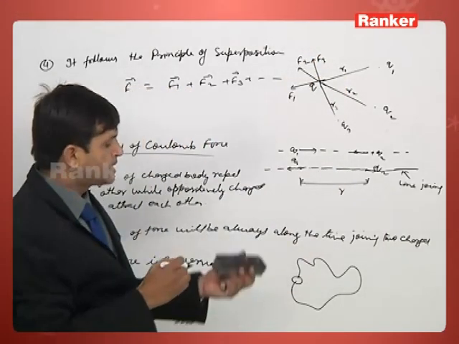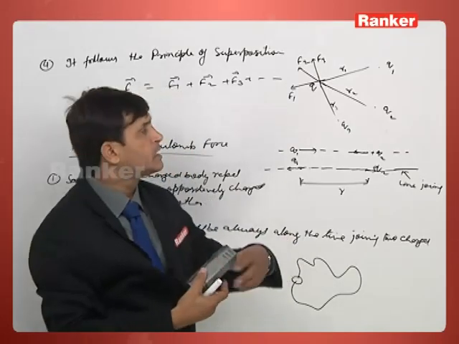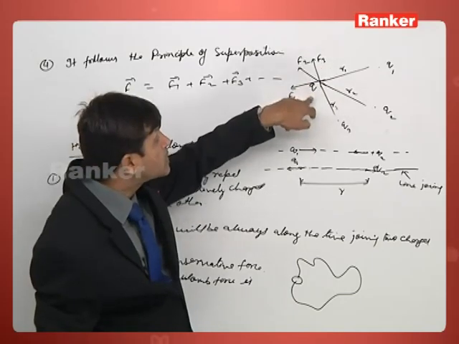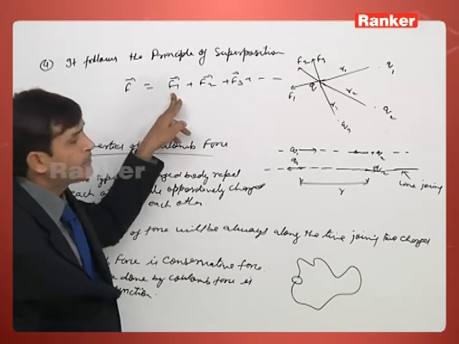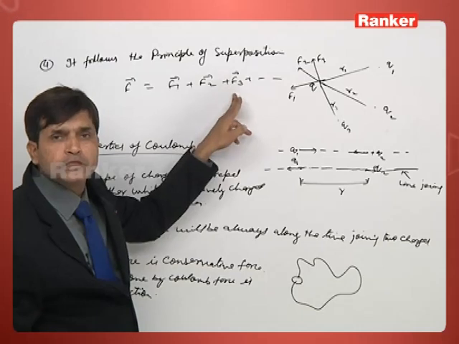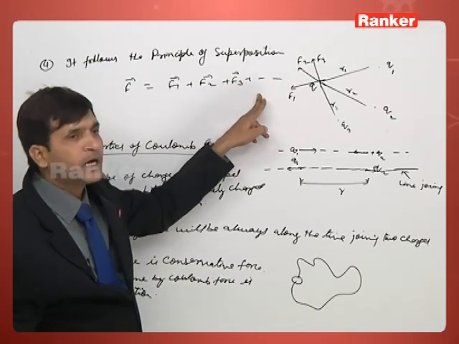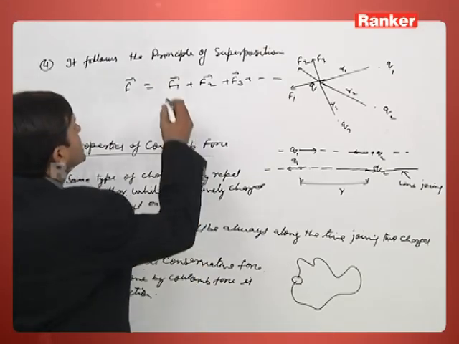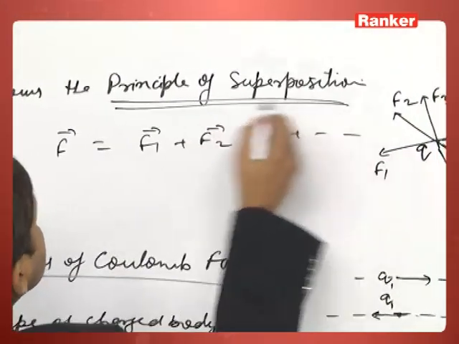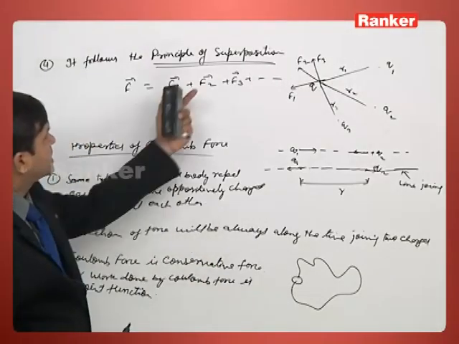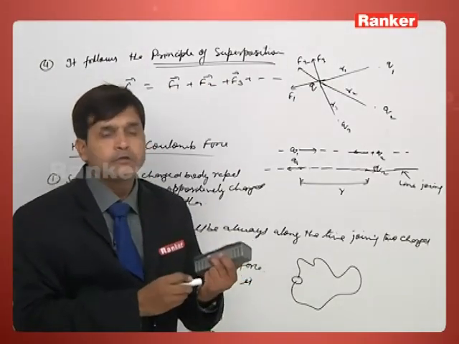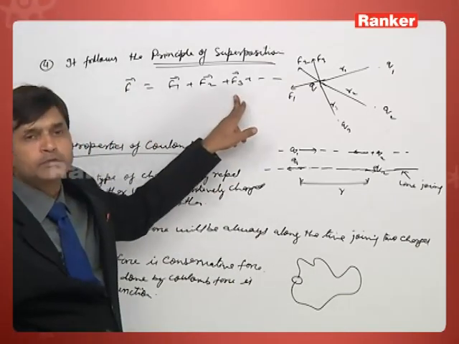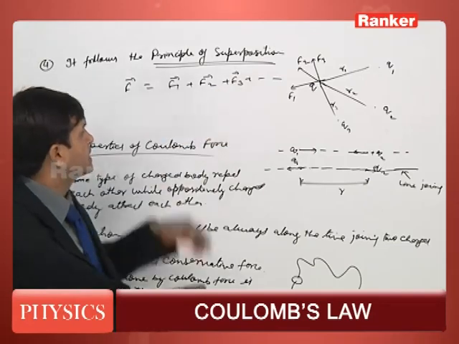So now there are three forces acting on charge Q: F1, F2 and F3. The net force on charge Q is the vector addition of the forces produced by the individual charged particles. This is the meaning of the principle of superposition, and this is very, very important and very useful. We will discuss many problems in which, knowingly as well as unknowingly, we are following the principle of superposition.